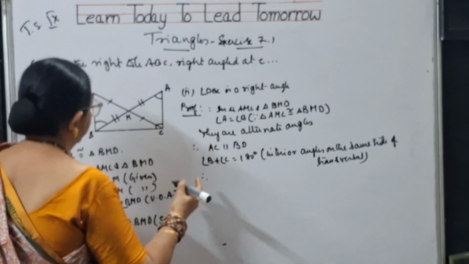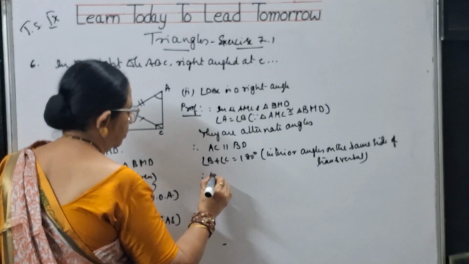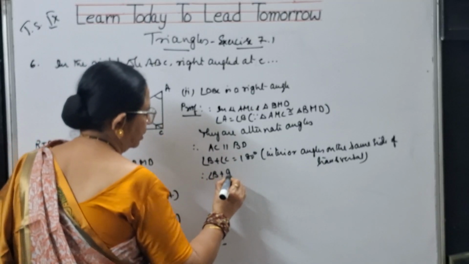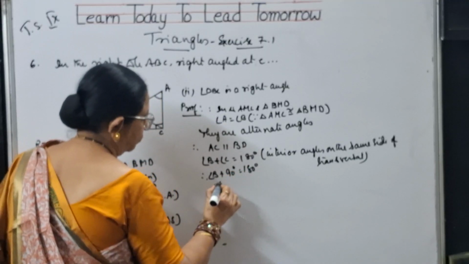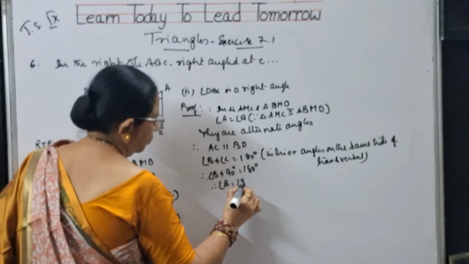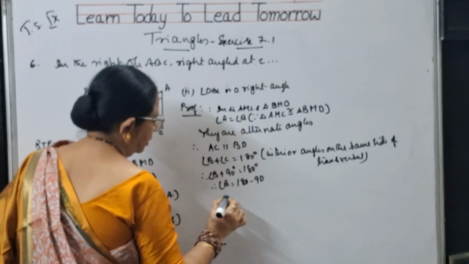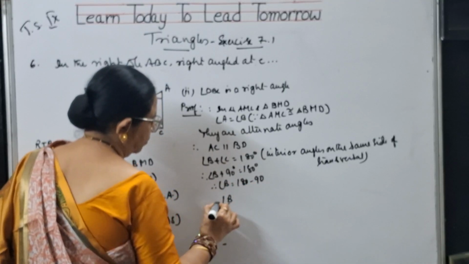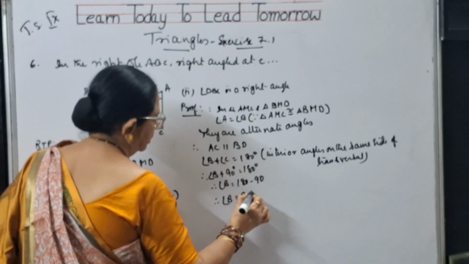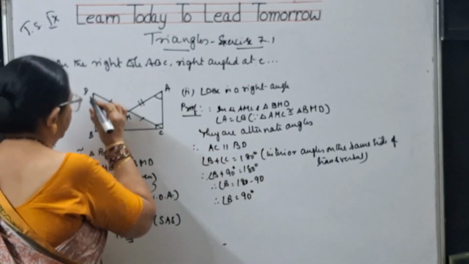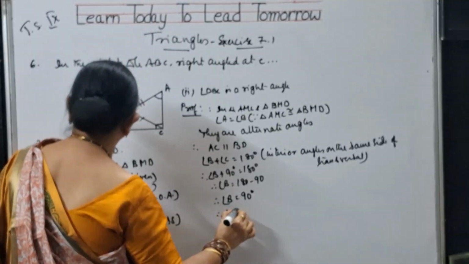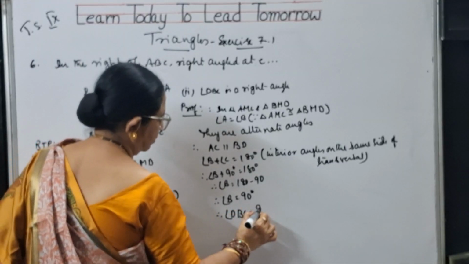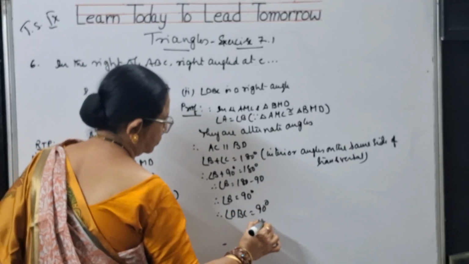Therefore, angle B we don't know, but angle C is 90 degrees, sum is 180 degrees. Therefore, what is angle B? 180 minus 90. So, angle B is 90 degrees. What is angle B? That is nothing but angle DBC is equal to 90 degrees.